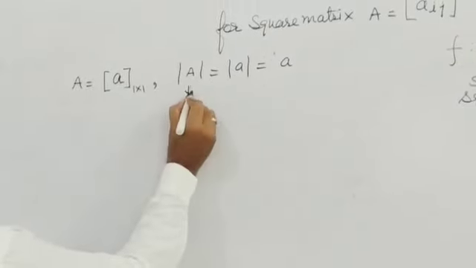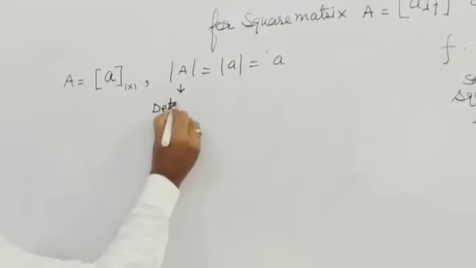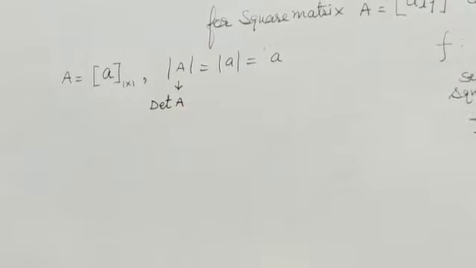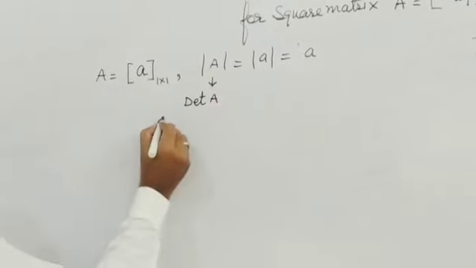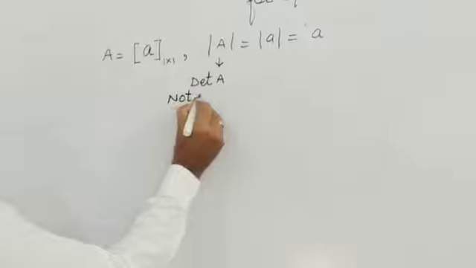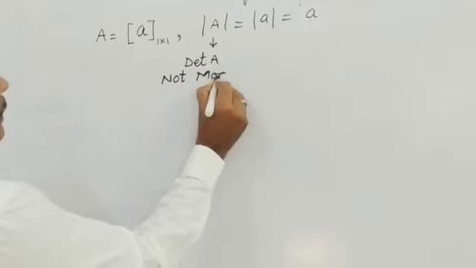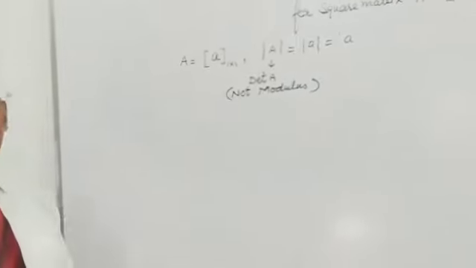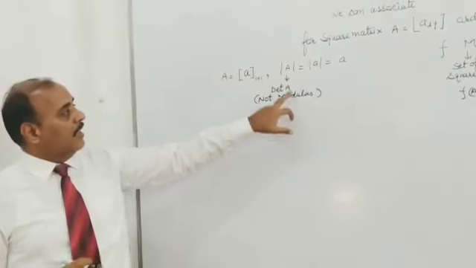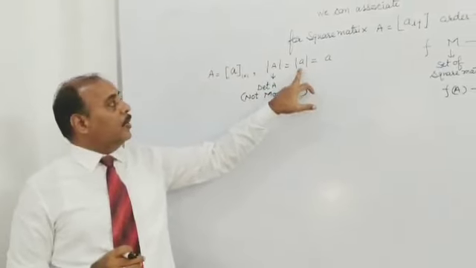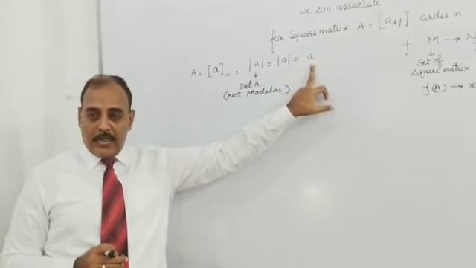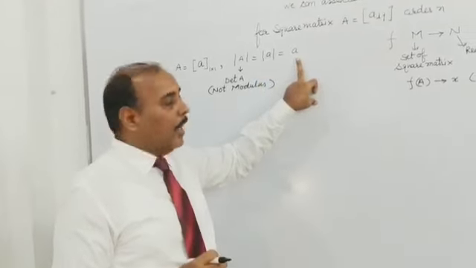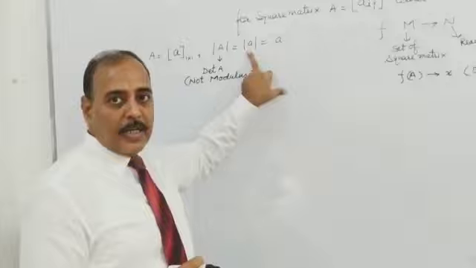This is known as determinant A. Please, this is not the modulus sign. It is very much different from modulus. It means if A is a complex number, you don't have to take its modulus here. It is the same value as given inside the determinant sign.